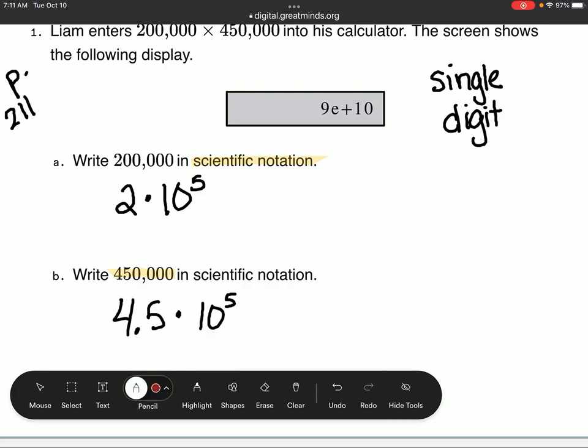So again, the decimal point was here in this number, and I've moved it 1, 2, 3, 4, 5 places to now put the decimal point here, which is why we get 10 to the 5th. It is a bigger number, so of course it's 4 5/10 times 10 to the 5th power.